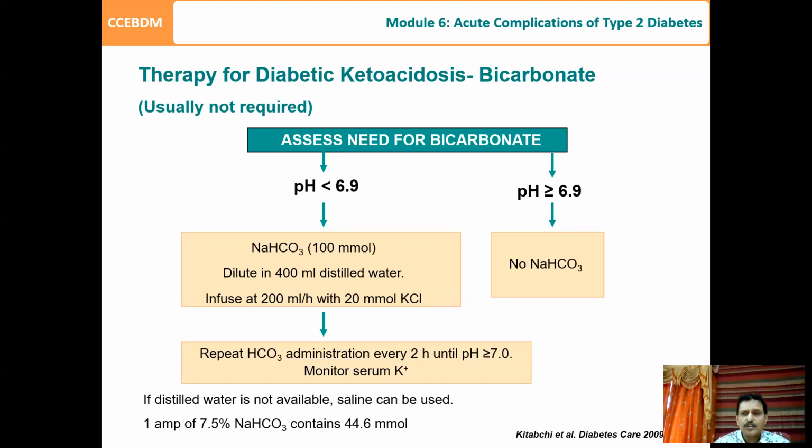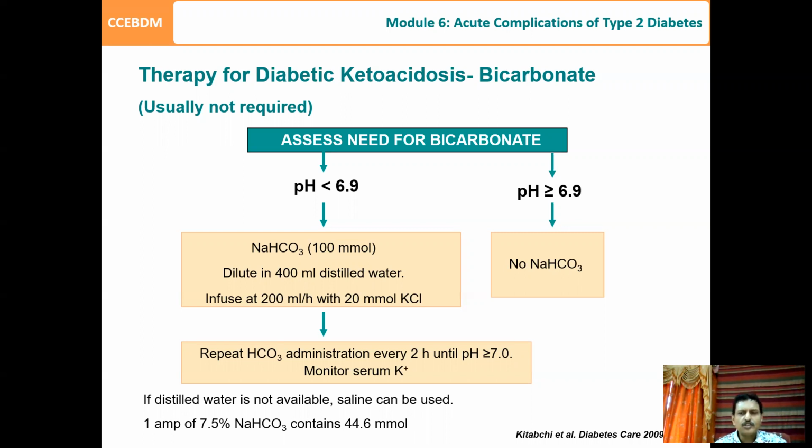And the correction of the ketogenic process is reflected in three things. Number one, the GI discomfort will disappear symptomatically. And second, you will find that the ABG will improve. So these are the two things we look into.